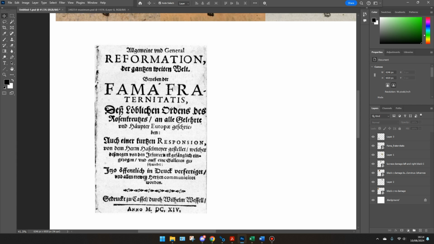Adam Haslmayr supposedly saw this manuscript copy and had his response printed in a separate document, and when the Fama Fraternitatis was printed for the first time, his reply was printed with it. But the problem was that the original 1612 print of Haslmayr's Antwort, or Answer to the Fama, was lost.